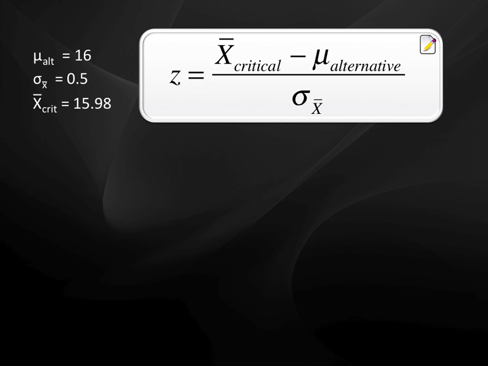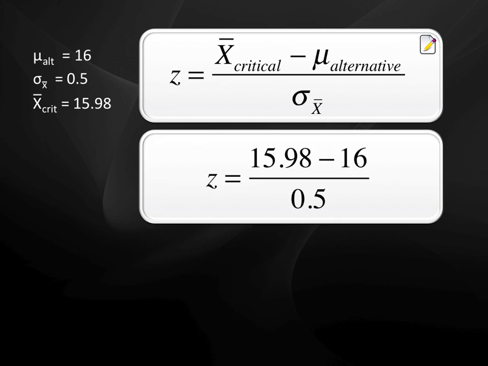This is still just z is equal to x minus mu over sigma. Except now x is a mean, the critical mean. Mu is the mean under the alternative distribution. And sigma is just sigma sub x bar. It's the standard deviation of the sampling distribution of sample means. So we have all these values.